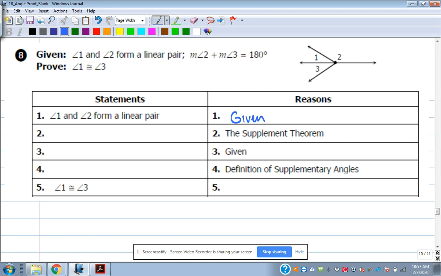And then what do we know about number 2? They form a linear pair. The reason is the supplement theorem. So what does that tell us about angles 1 and 2? Angle 1 and 2 are supplementary.